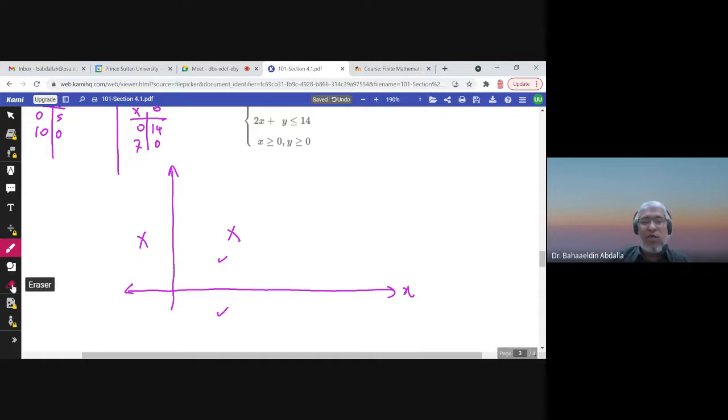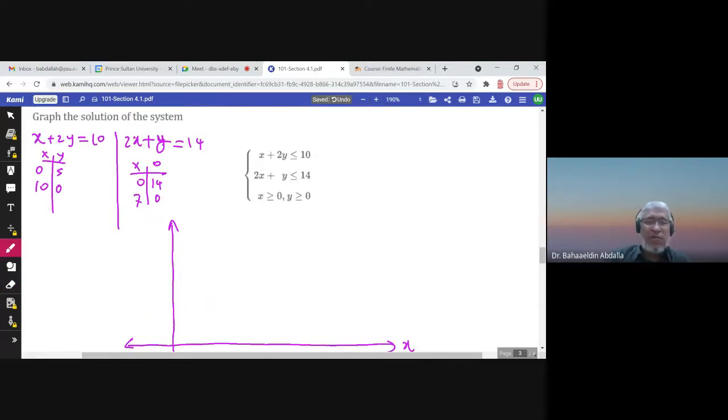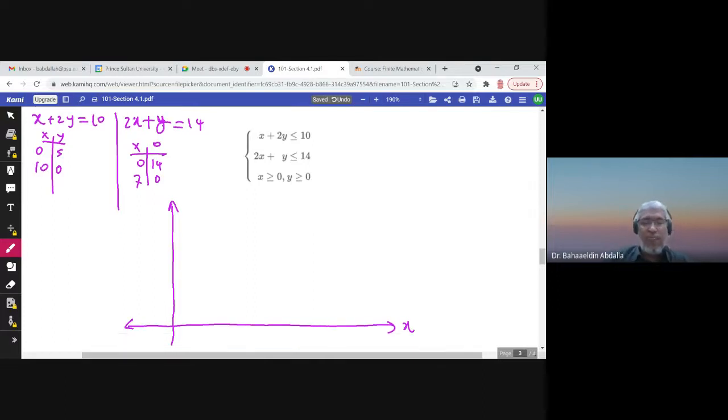So the quadrant that satisfies both of them would be the first quadrant. Good. So let me start with the first line: this is the point (0, 5), and (10, 0).